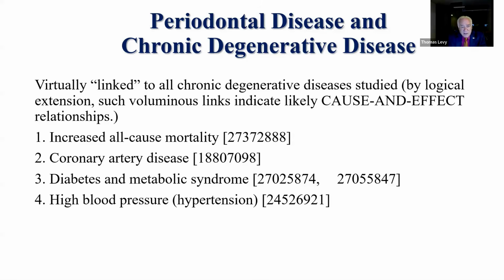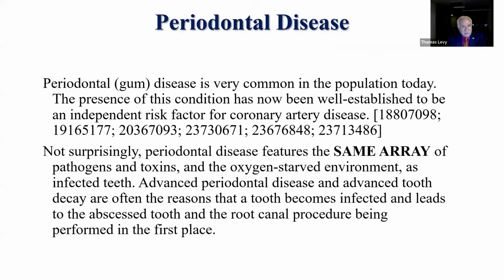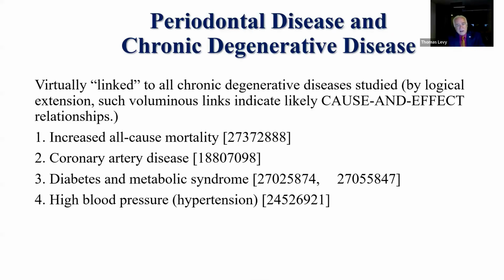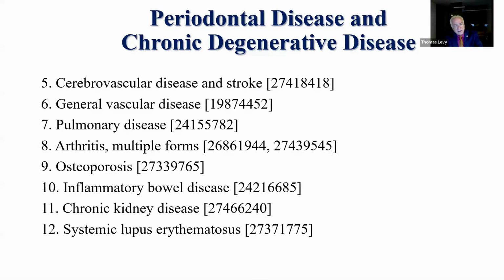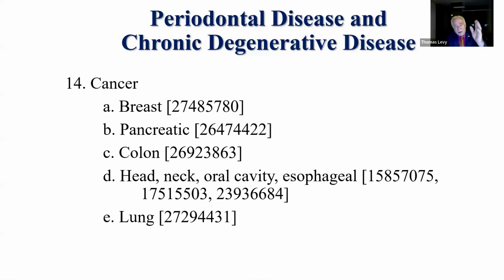Periodontal disease, because of this, has been linked to everything. And I say linked because that's what they say in the literature, but really it's cause and effect. Increased all-cause mortality, coronary disease, diabetes, high blood pressure. You look at the list: brain, pulmonary, arthritis, inflammatory disease, lupus, all the major neurologic diseases, all the major cancers.